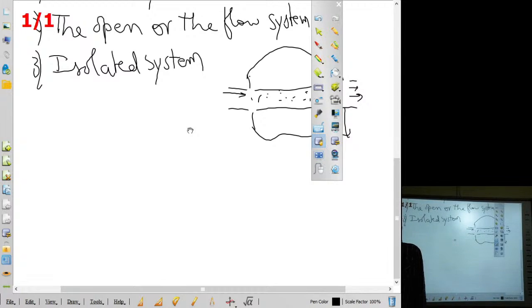After 90, so many books say flask, but before that, only bomb calorimeter. So my book was the first book to give the flask as the example for an isolated system. Before that, no. I was the first person.